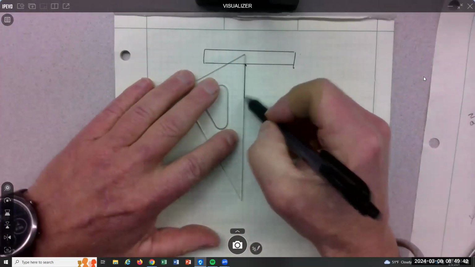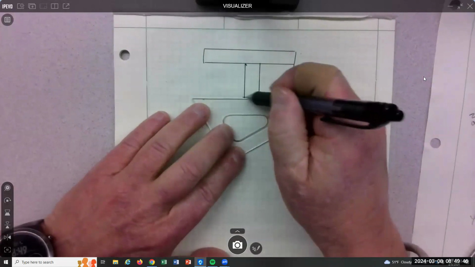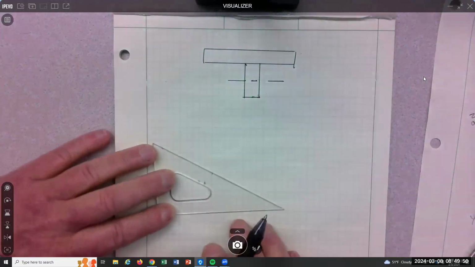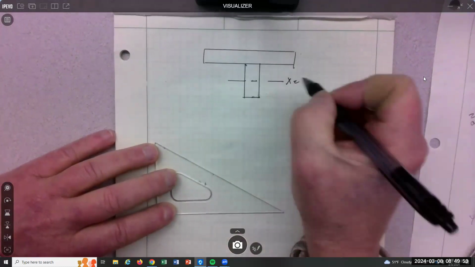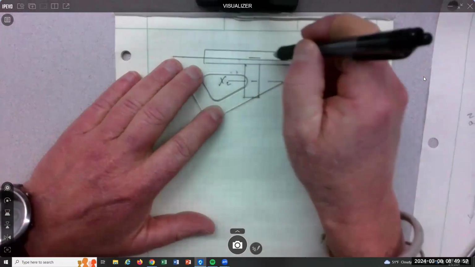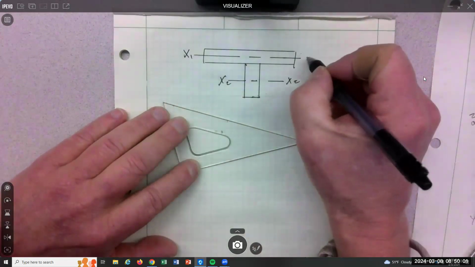And our 2x4. And we have our 2x4 x-axis, which we called shape 2, and our 2x6 x-axis, which we called shape 1.